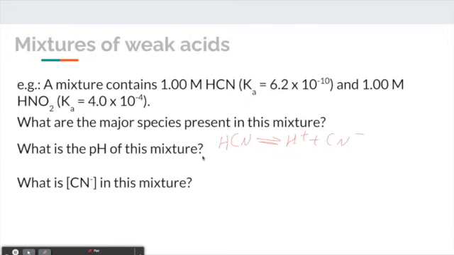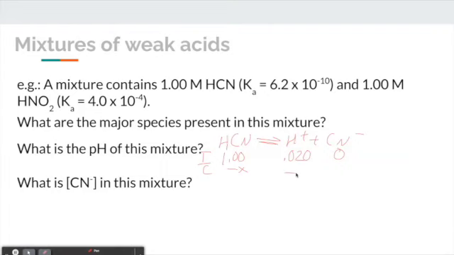So in our initial line, we're going to use that concentration of H plus, which was 0.02. I erased it, but I recall that. 0.02 was the starting concentration of H plus, because that's the amount already there because the HNO2 dissociated, and none of this before ionization. The HCN concentration is 1 molar.